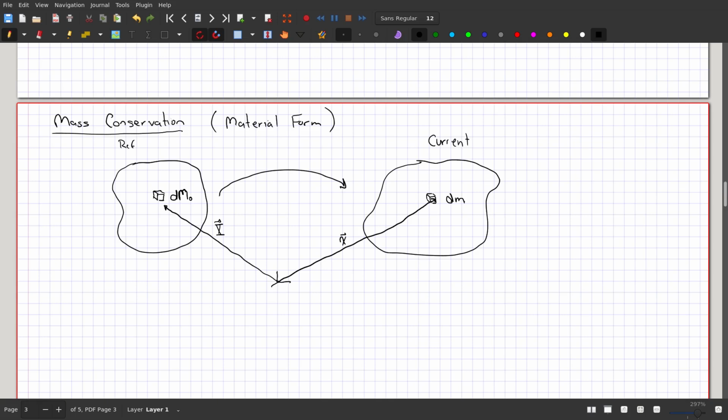Another way to write dm0, the mass of that little differential mass, would be the reference density, rho 0, times dV0, the volume of that little differential element.